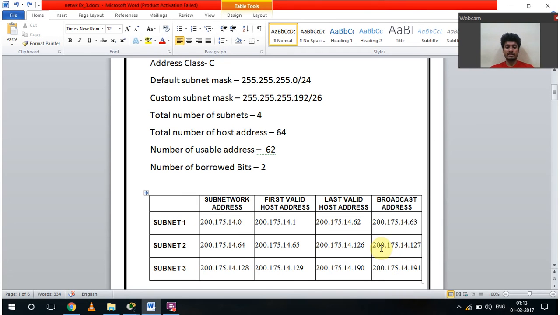The next address after the broadcast address will be 200.175.14.128. That will be the subnet address for the third subnet.